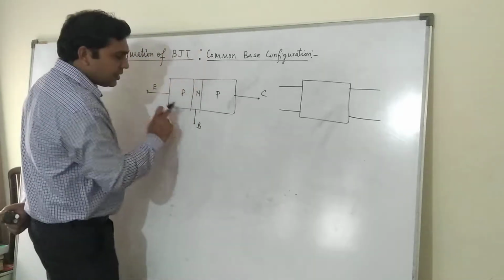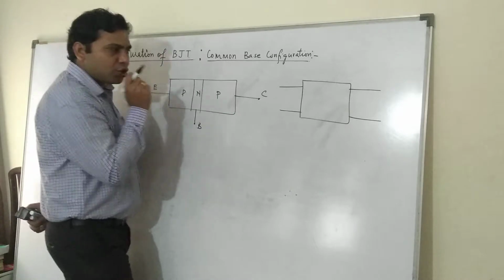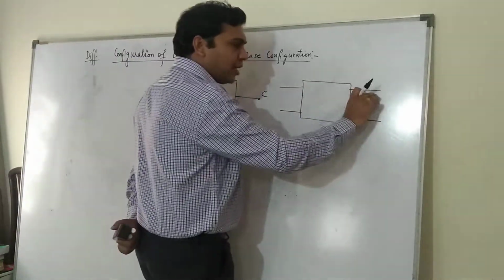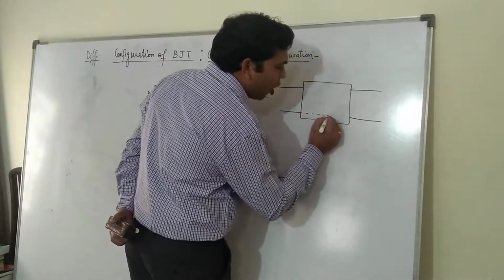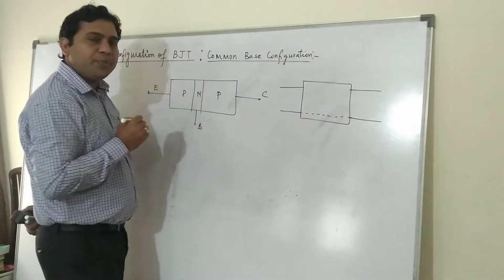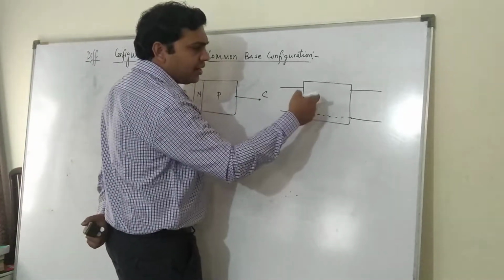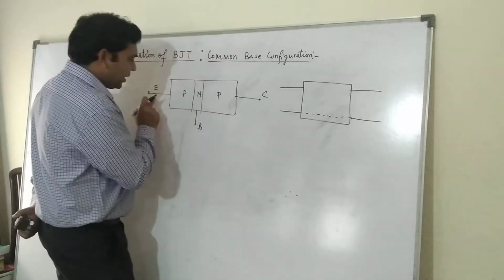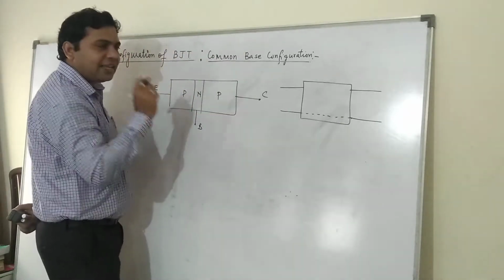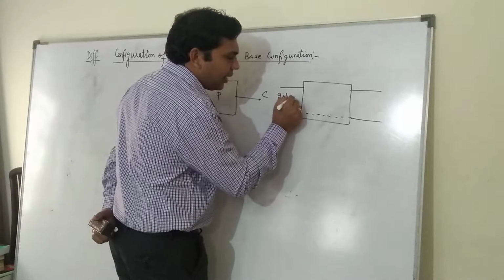Since the transistor has three terminals, emitter, base and collector, we need two at the input and two at the output. So we can make one terminal common between input and output. This is how we use the transistor in a circuit: one of these three terminals is common between the input and output.